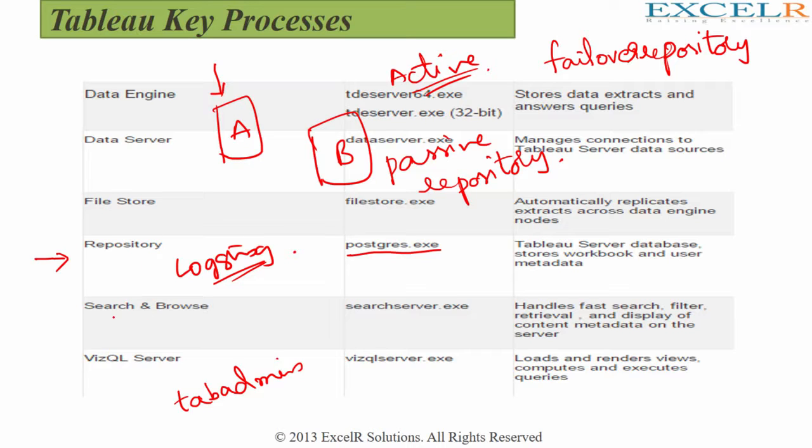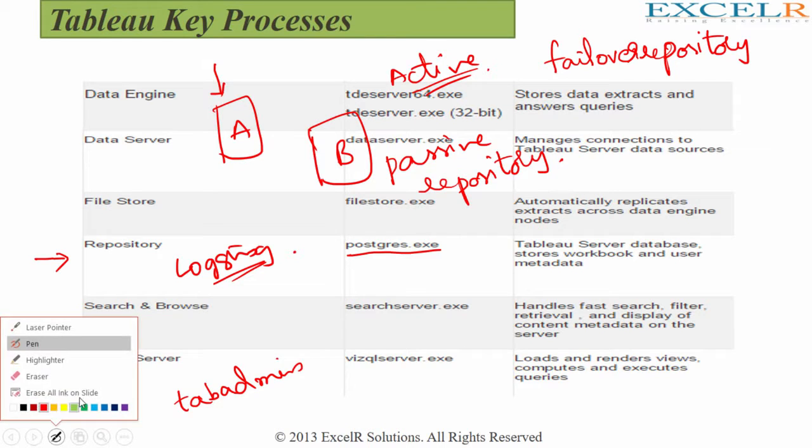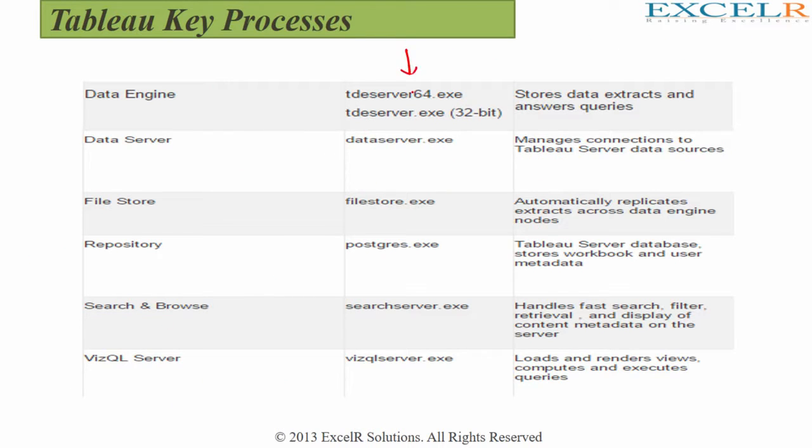And let us discuss the remaining two processes and then look into where we can find these processes and check whether they are running or not from the Windows machine perspective. All right. Search and browse is the next process. This process is memory bound first and IO bound second. So it will consume all of your memory resources, and if that is exhausted, then it will go to IO bound. The amount of memory used depends on the number of sites, number of projects, number of users, and so forth.